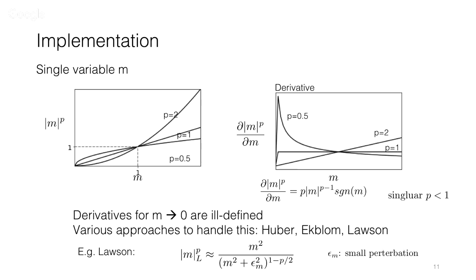And especially if you neglected the epsilon here, this little stabilizer term, then m squared to the half is m, and m squared divided by m is 1. So this comes back to m equals 1. This is a way of representing the p norm with epsilon being a small perturbation, and epsilon has to be a small number. Finding what that number should be is a non-trivial thing, but there are ways of doing it. Anyway, we're going to replace the true p norm by something that looks like this.